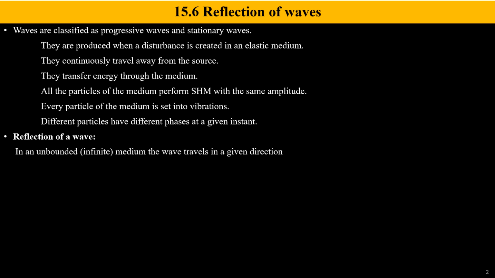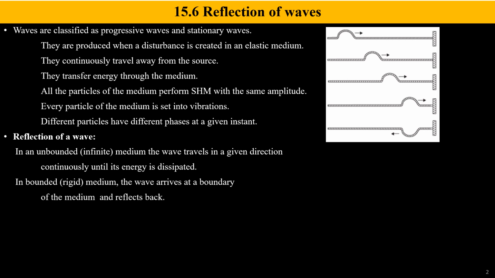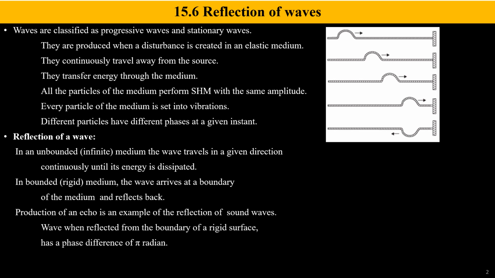Reflection of wave. In an unbounded, that is open, medium, the wave travels in a given direction continuously until its energy is dissipated. In bounded media, that is rigid, the wave arrives at the boundary and gets reflected. Please see the figure on the right hand side of the screen.